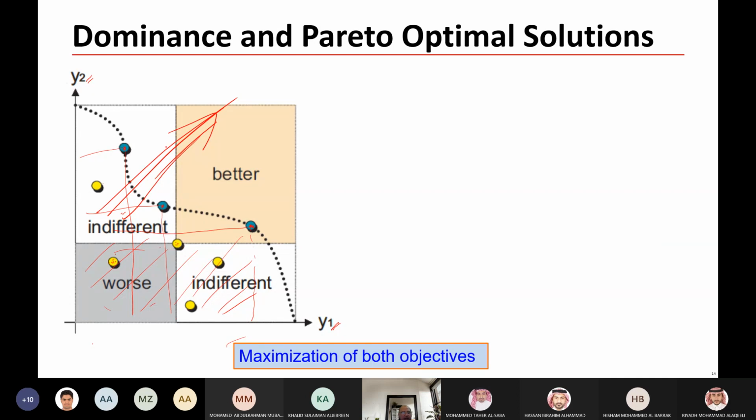So whatever here is better than this one, whatever in yellow region here. This one and this one, for these 2 solutions, which one dominates the other? Can anybody tell us? For this solution and this solution, which one dominates the other?